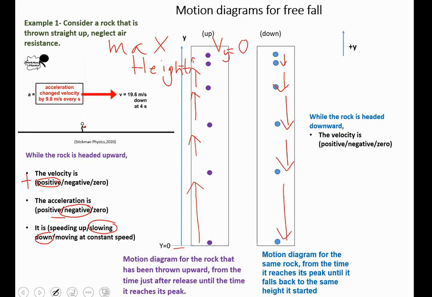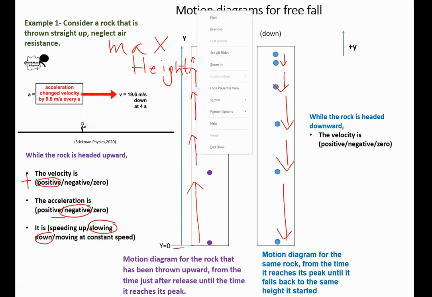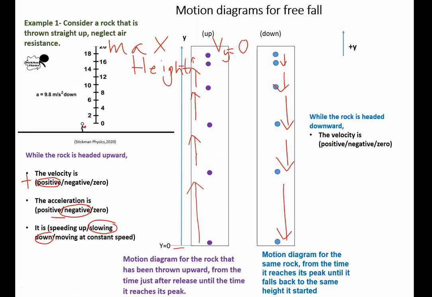So the velocity is downwards. Look at the coordinate system. So we defined up as positive. So based on that, velocity is negative.